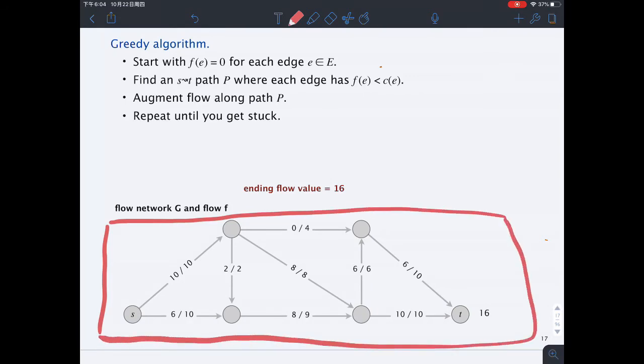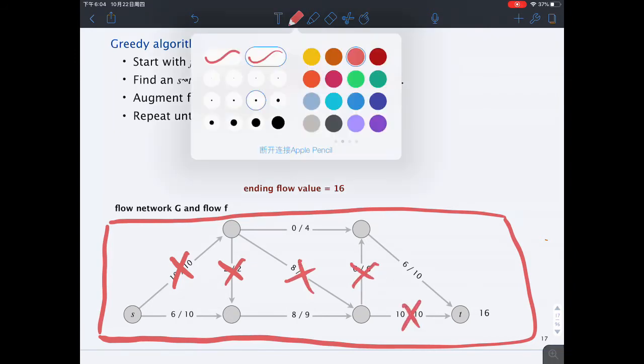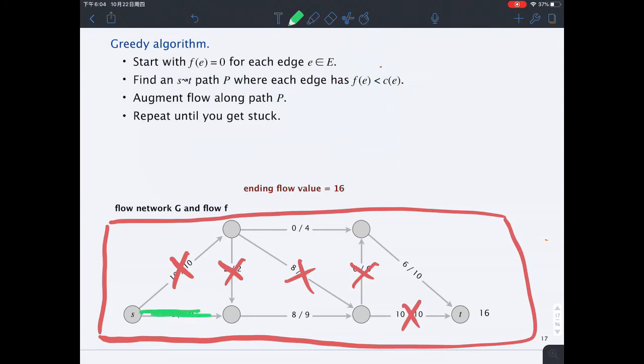Now after we update everything, this is the entire network we are going to see after making a number of updates. So let's again delete the saturated edges.